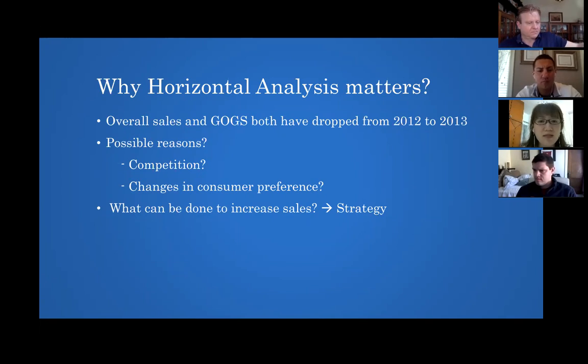So this would naturally lead to the next question of what kind of strategies the company can engage in to increase sales. And that insight came out from the horizontal analysis of its income statement from 2012 to 2013.